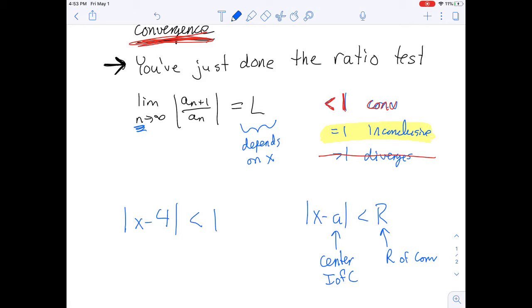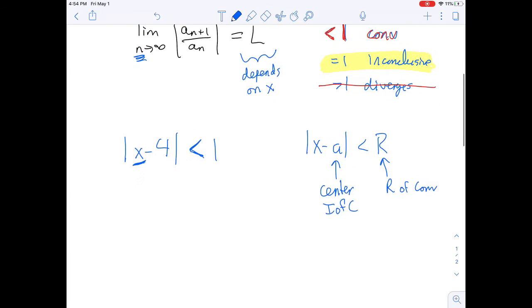So what we're saying here is what values of x can I choose such that this inequality holds, right? Such that this is true. So there's a couple ways I can go about this. Since I'm already matching the form here, I can say, well, the center of my interval is going to be x equals 4. And my radius here, right, that's going to be 1.